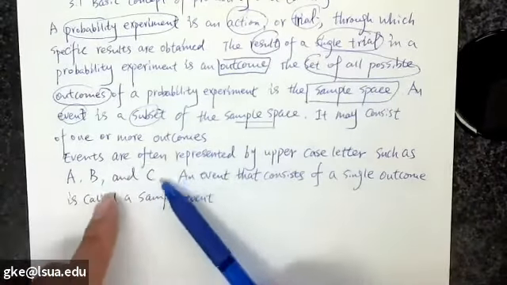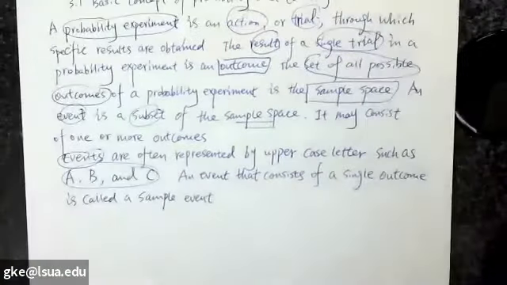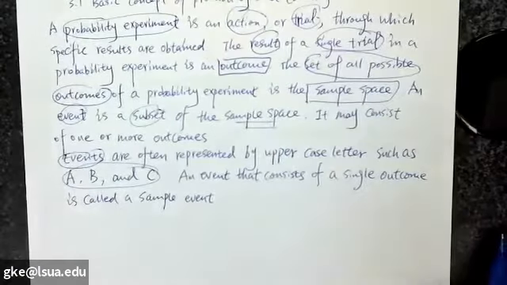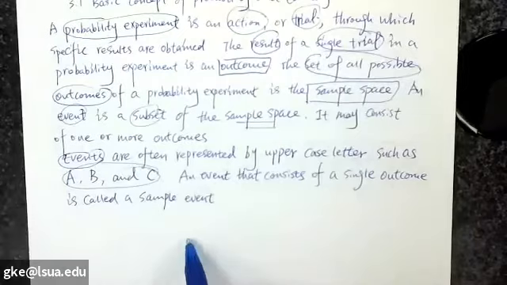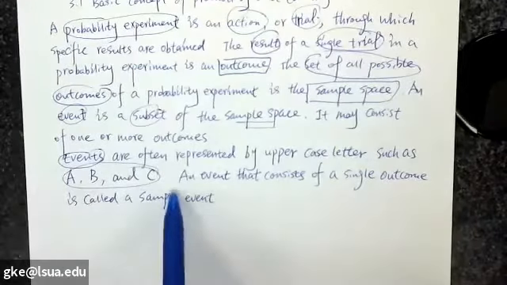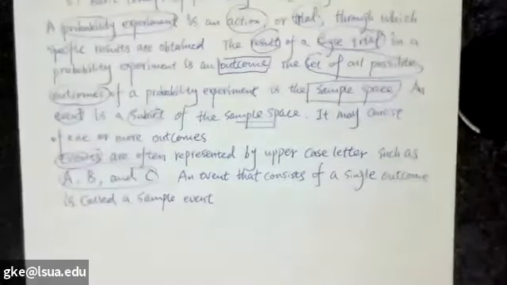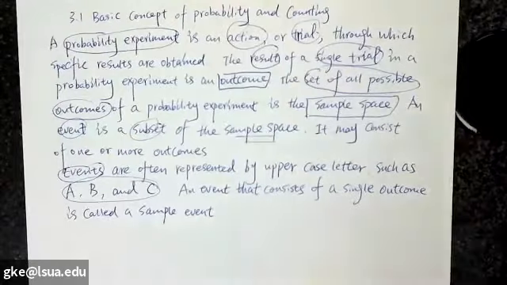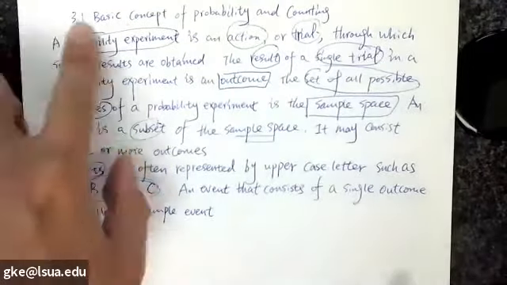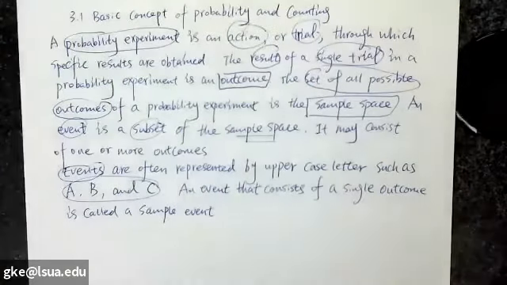And usually events can be represented by a capital letter like A, B, C. And if an event consists of a single outcome, we specialize it and call it a sample event. Now I'm going to give you guys an example, and I hope it helps you go through all these terminologies. Okay, so let's take a look.